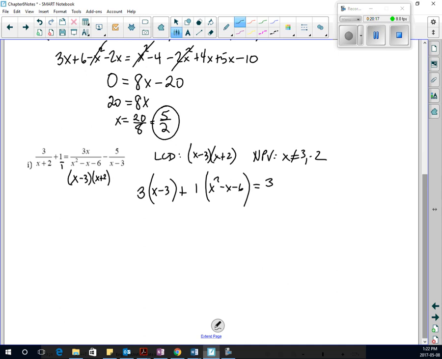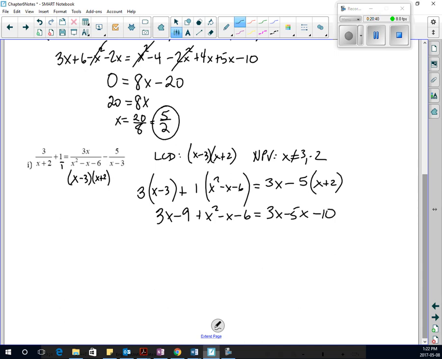So then I have a 3x, and if I multiply by the denominator, they all cancel. And then I have a minus 5 times x minus 3's will cancel, so I have x plus 2. So I get 3x minus 9 plus x squared minus x minus 6 equals 3x minus 5x minus 10.